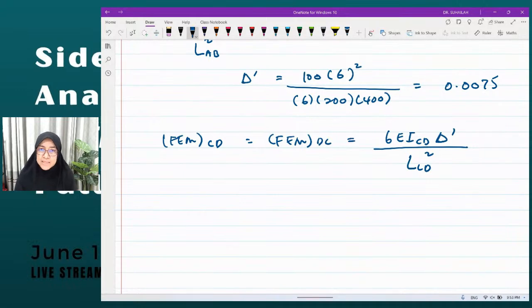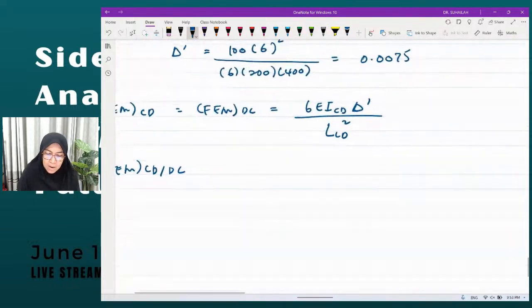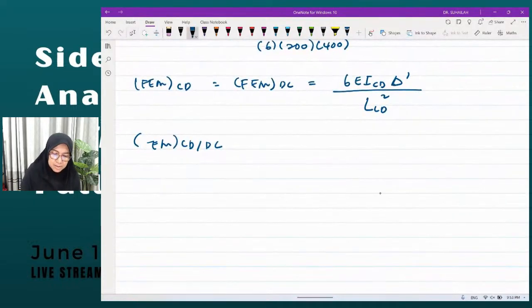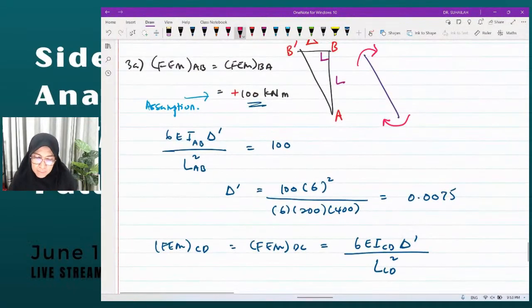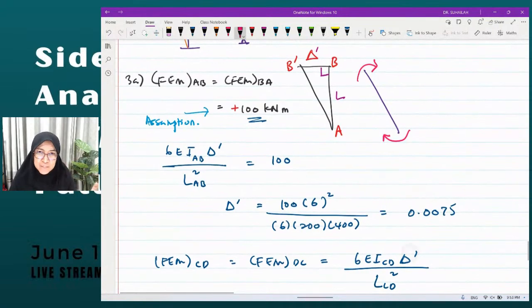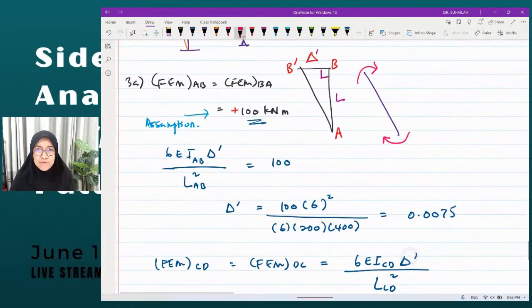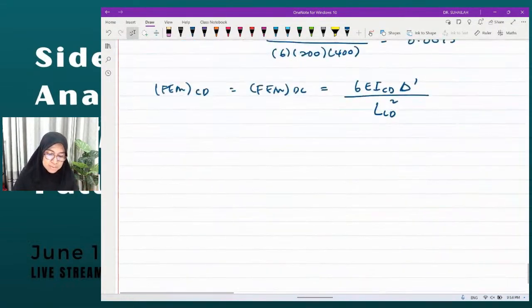So now we substitute for FEM CD and DC. How does it look? CD is also moving towards the left direction.